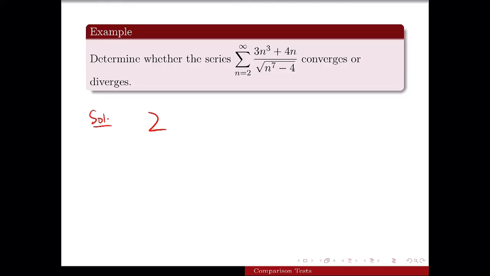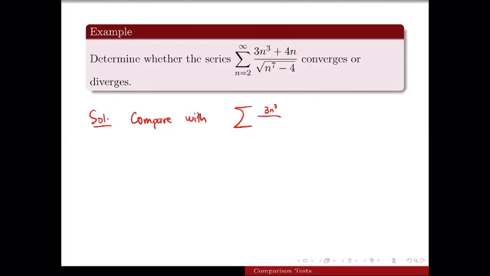Solution. Compare the original series with the following. You look at the numerator, you get the highest term, in a sense, the term that contributes the largest. In here, it's 3n cubed. You put also that in the numerator.